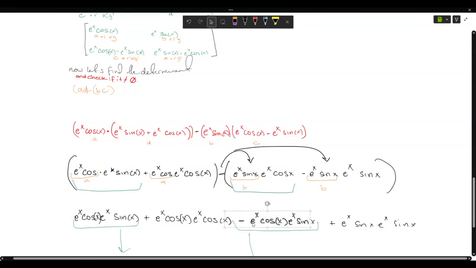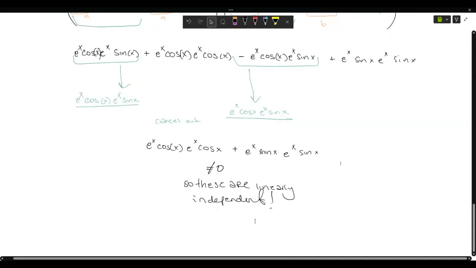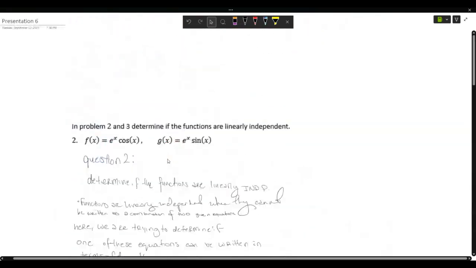So these terms cancel out and we'll be left with a positive e to the x cosine x times e to the x cosine x and e to the x sine x times e to the x sine x. Since these are not the same term, this shows that the determinant is not 0. Since it's not 0, these two functions, e to the x times cosine x and e to the x sine x, are linearly independent.